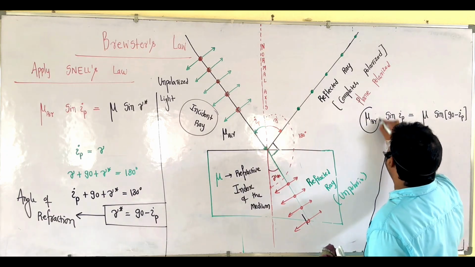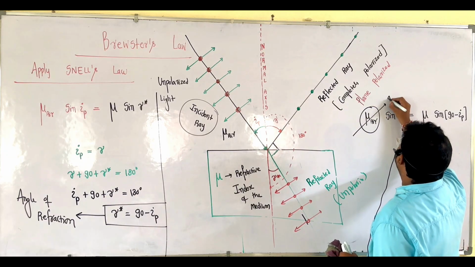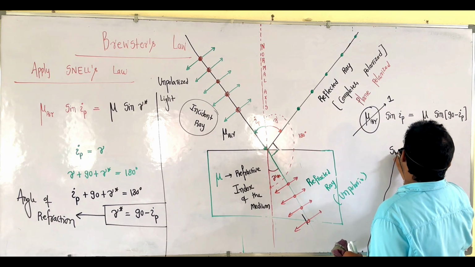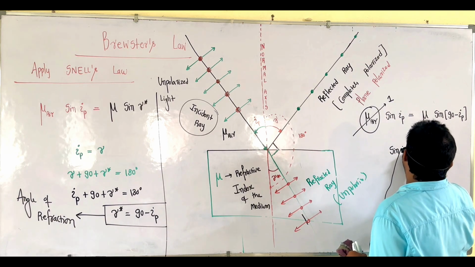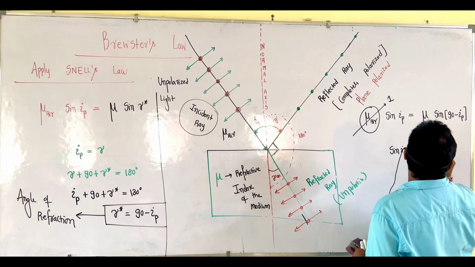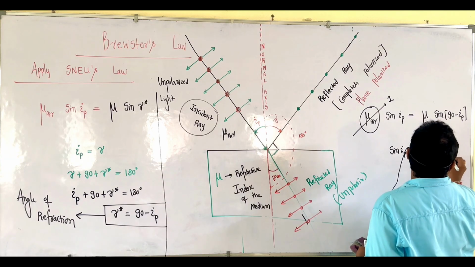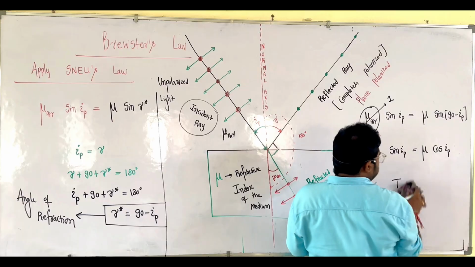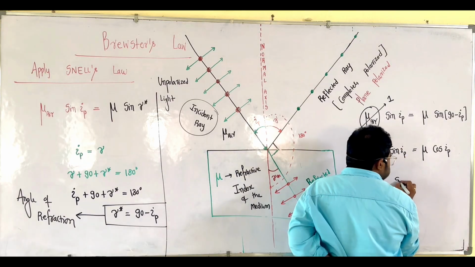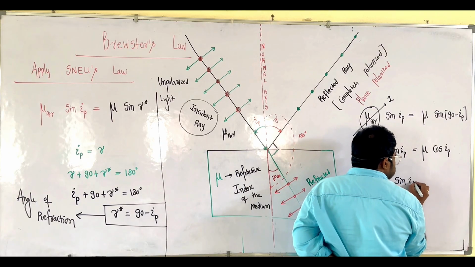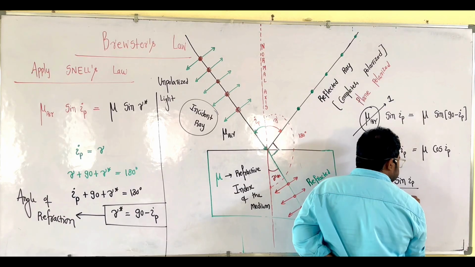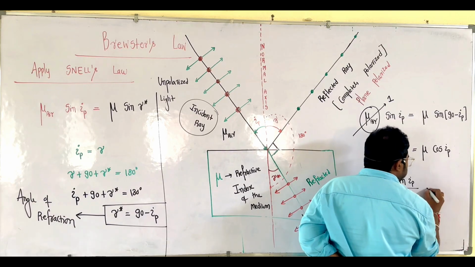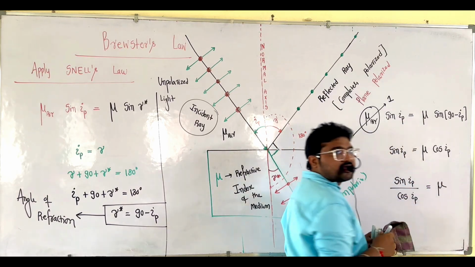Mu air equals how much? 1. Sin IP equals how much? Mu into cos IP. Polarizing angle. So mu equals tan IP, sin IP by cos IP, equal to mu. So finally here how much will you get?